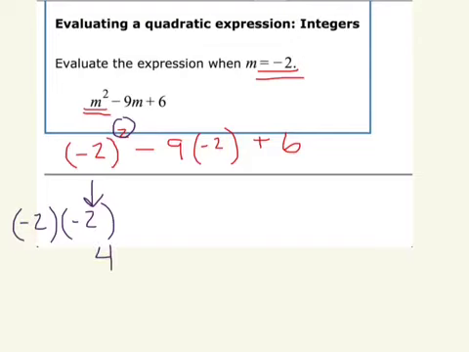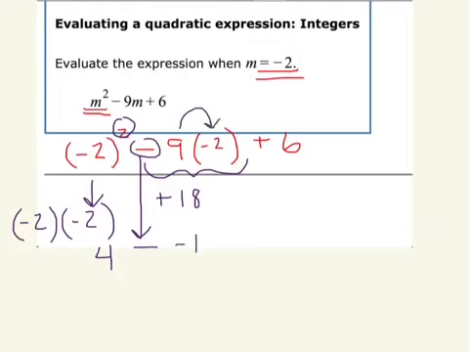Moving along over here, there are two ways to look at this. One is to look at it as negative 9 times negative 2, which turns into positive 18. The other way, and hopefully I'm not confusing you, is to take this minus sign, bring it down, and say minus, and then just simply look at this as a 9 times negative 2, which is negative 18.